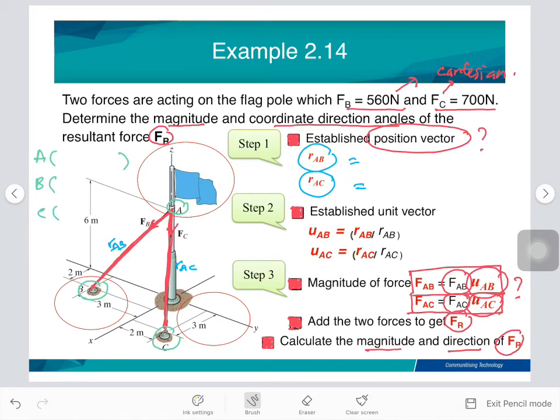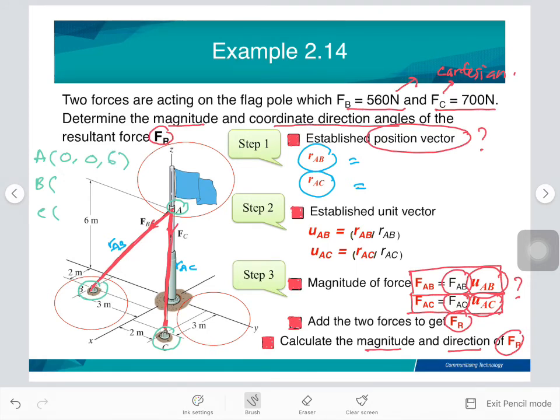So A is 0, 0, 6. 0 means 0 in X direction, 0 in Y direction, and positive 6 in Z direction.